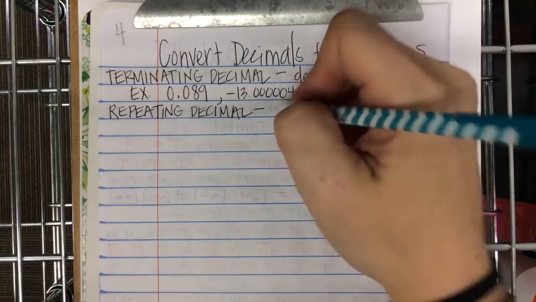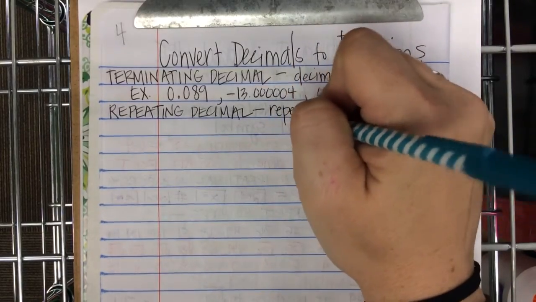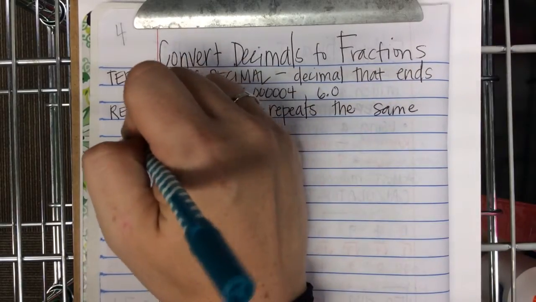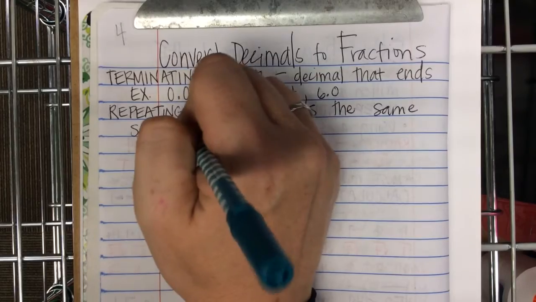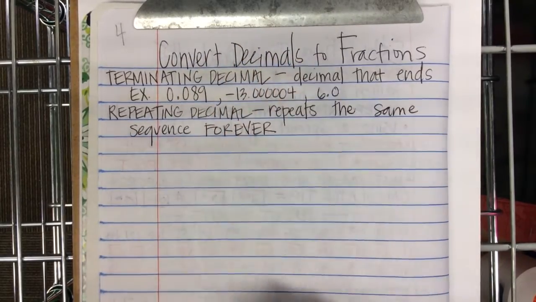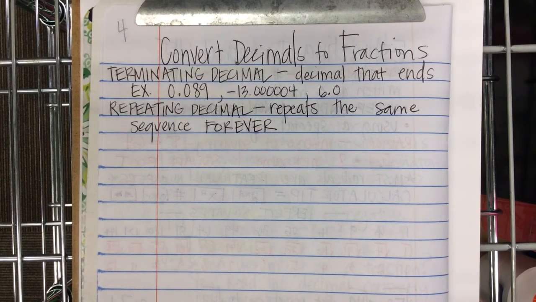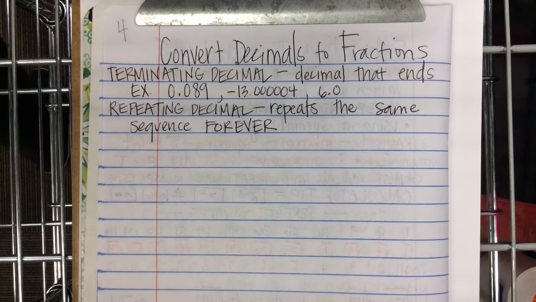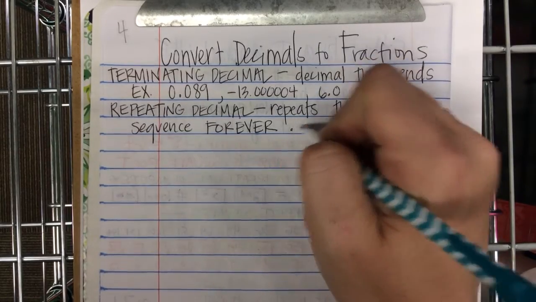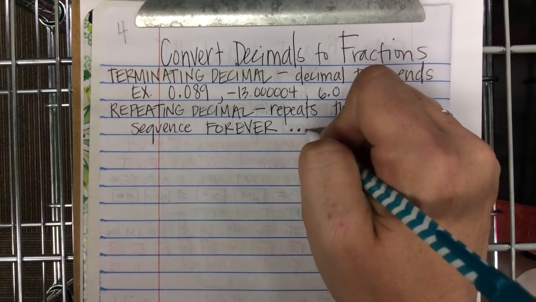I'm going to say it repeats the same sequence forever. A repeating decimal repeats the same sequence forever. It's usually shown, if you write it all the way out, with a dot, dot, dot.